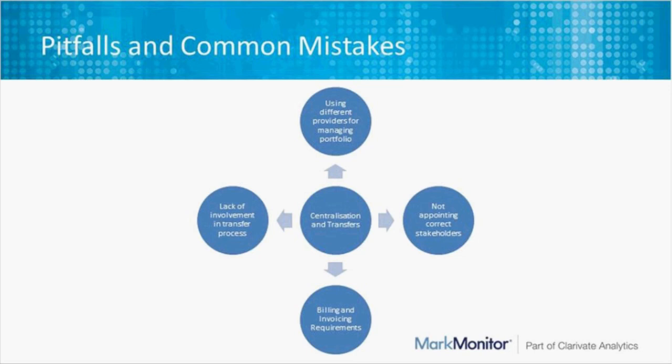If you know that these new 300 domains need to be invoiced to a new entity, we need to have the information of that new entity to set up a correct invoicing account for them. And again, this all comes down to communication. But this is a very common pitfall that happens in transferring large volumes of domains.